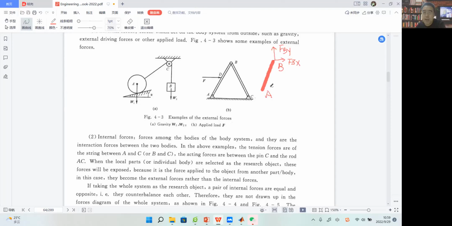Why is this bar AB, maybe at point A? Because it's another fixed pin between bar AB and the ground. The grounded frame does not move, right? So it also should have FAX, and maybe like this, FAY.